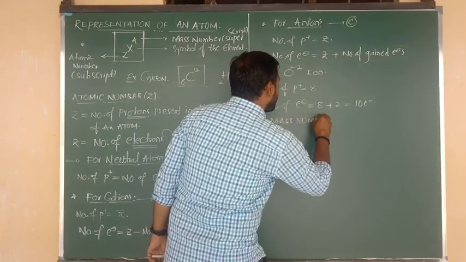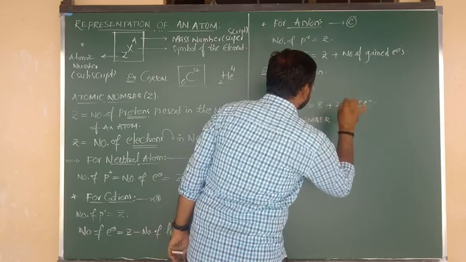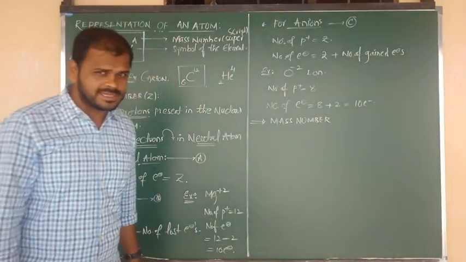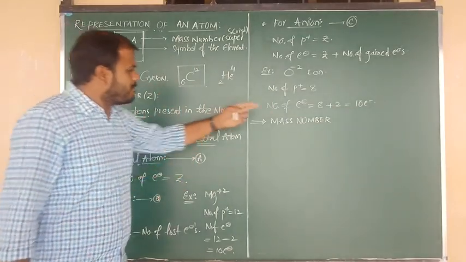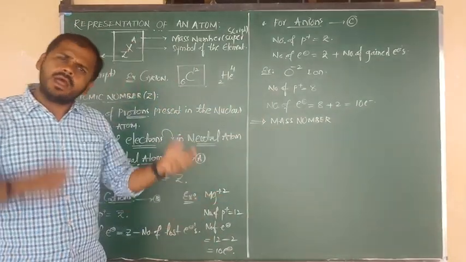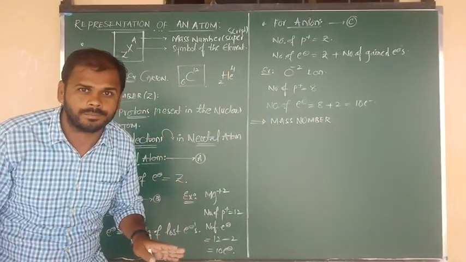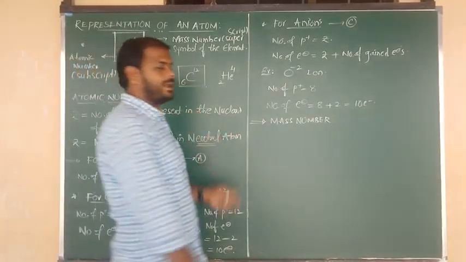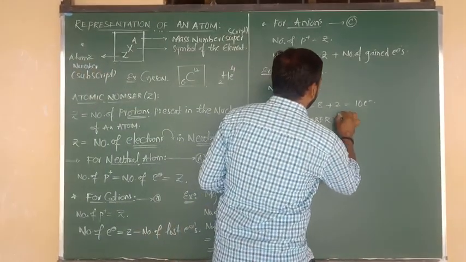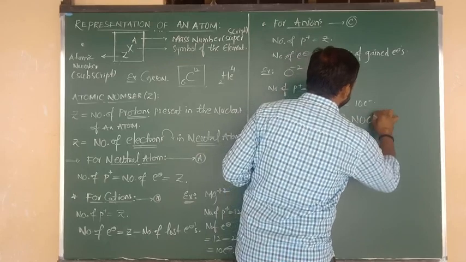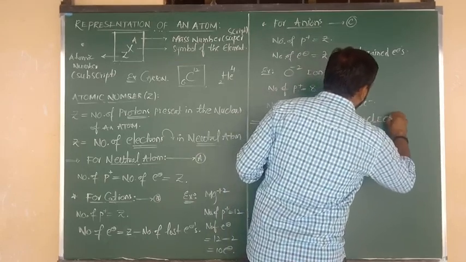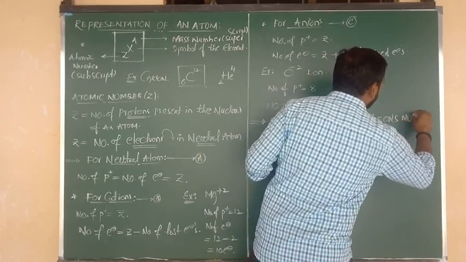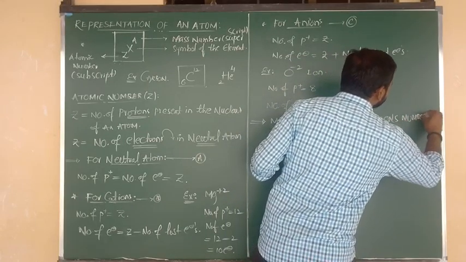What is meant by mass number? Try to remember another name of mass number: we can say atomic mass, and also we can write another name, known as nucleons number.